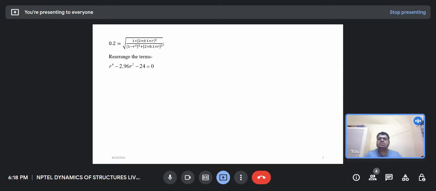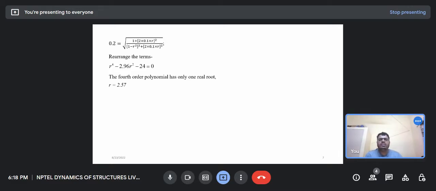If I solve this equation using a calculator, you will get four roots, but only one root is real. Two roots are complex, and one root is negative. So only one root is real and positive, which is r equal to 2.57.